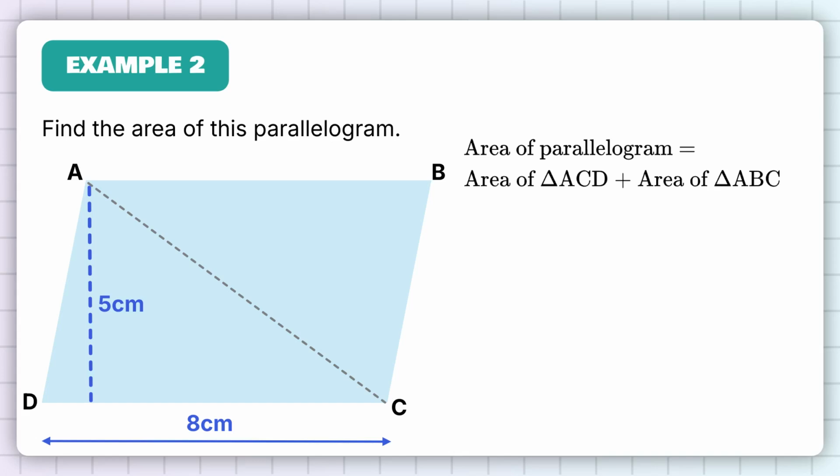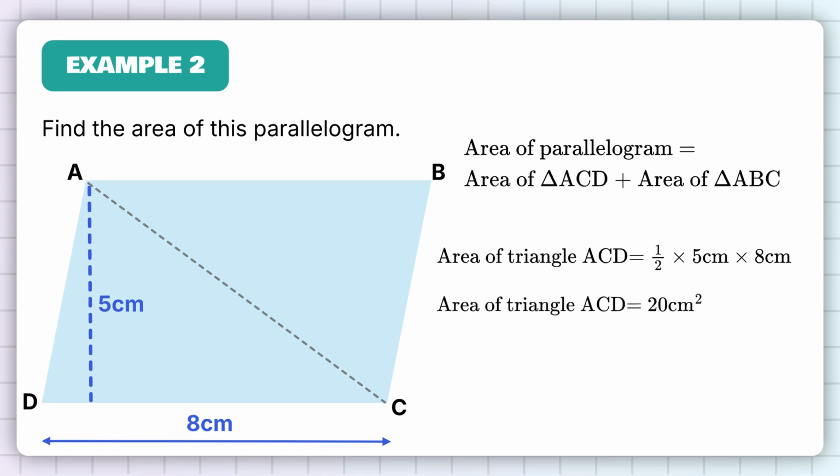The height is 5 centimeters and the base is 8 centimeters. Using our formula, we know that the area of triangle ACD is a half times 8 times 5. Simplifying this, we get that the area is half times 40, which gives us the area of ACD as being 20 centimeters squared. Remember, the area of the parallelogram is two lots of this triangle and is therefore 40 centimeters squared.